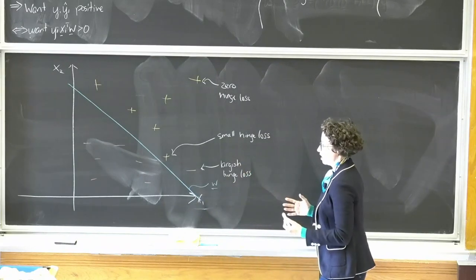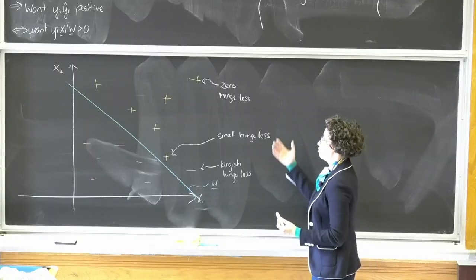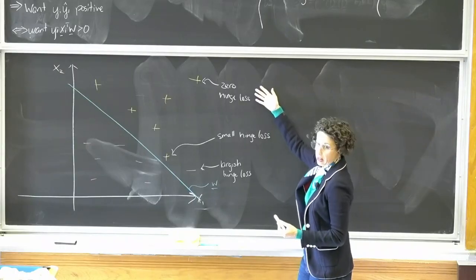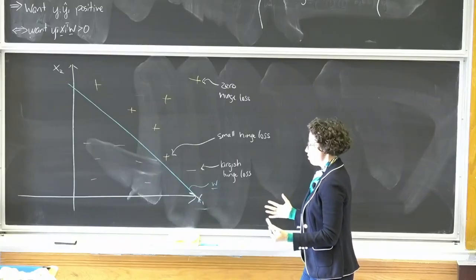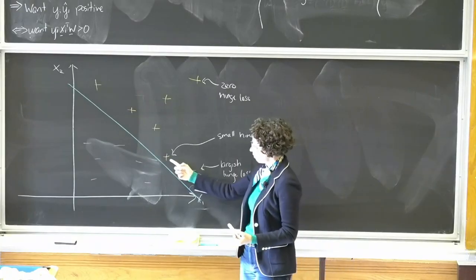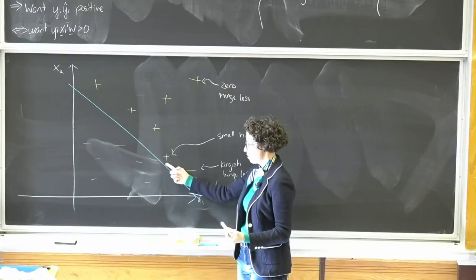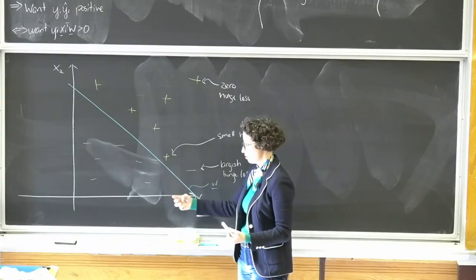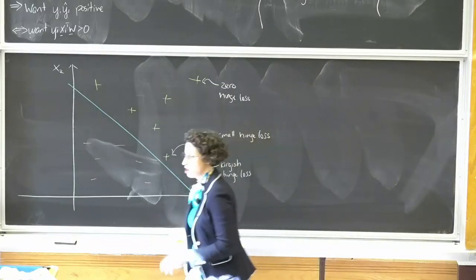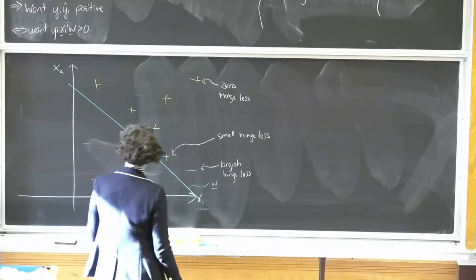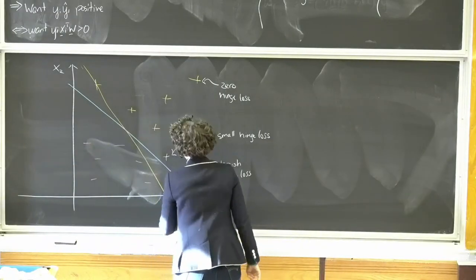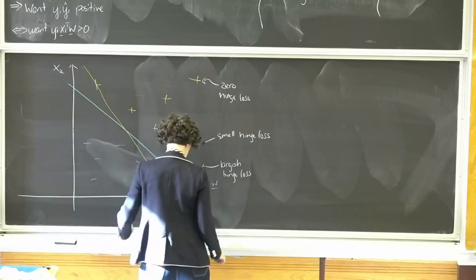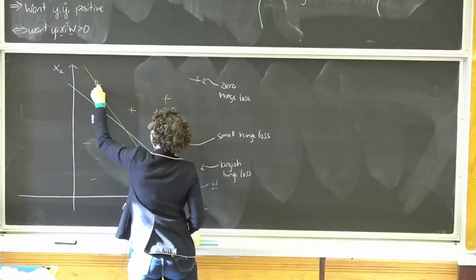So when I minimize the hinge loss, I'm trying to, of course, make sure that I correctly classify as many points as possible. But also, I'm trying to make sure that my training samples are far away from the decision boundary. Because I could imagine drawing an alternative decision boundary that looks, let's say, like this, where this is supposed to be correctly classified, right?